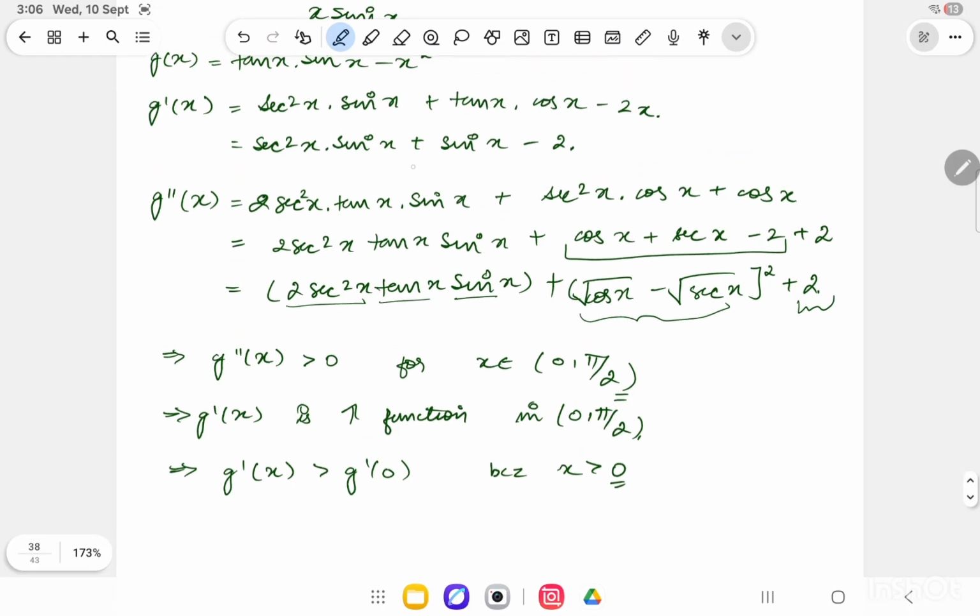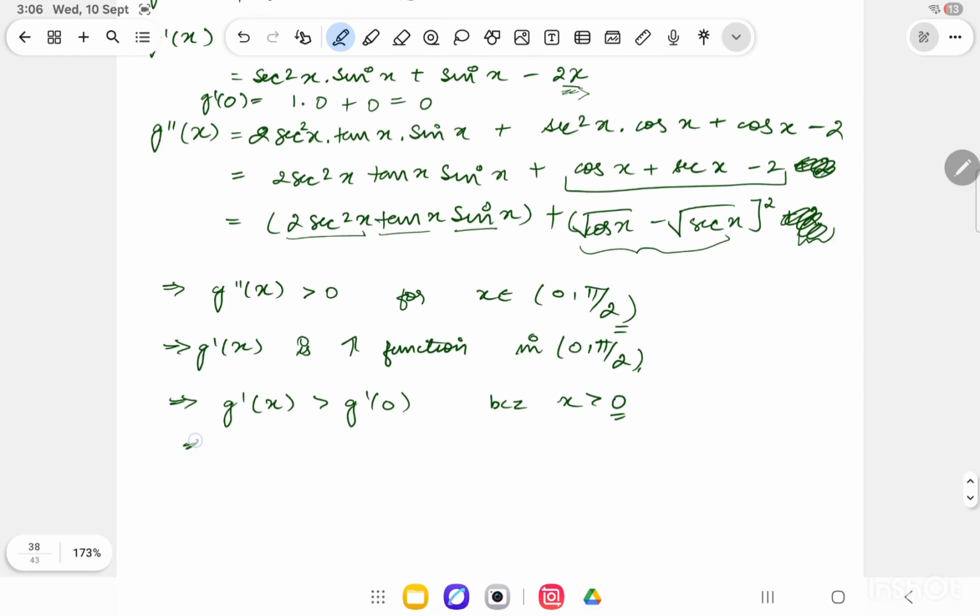And if I calculate my g dash 0 from here, g dash 0 will be sec 0 which is 1 into sin 0 which is 0 plus 0, it is minus 2x. This will also be 0, so this is 0.